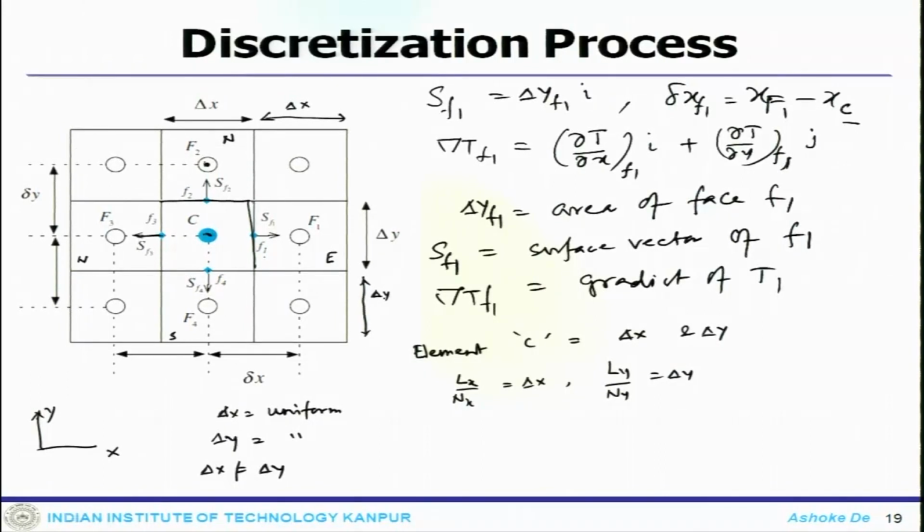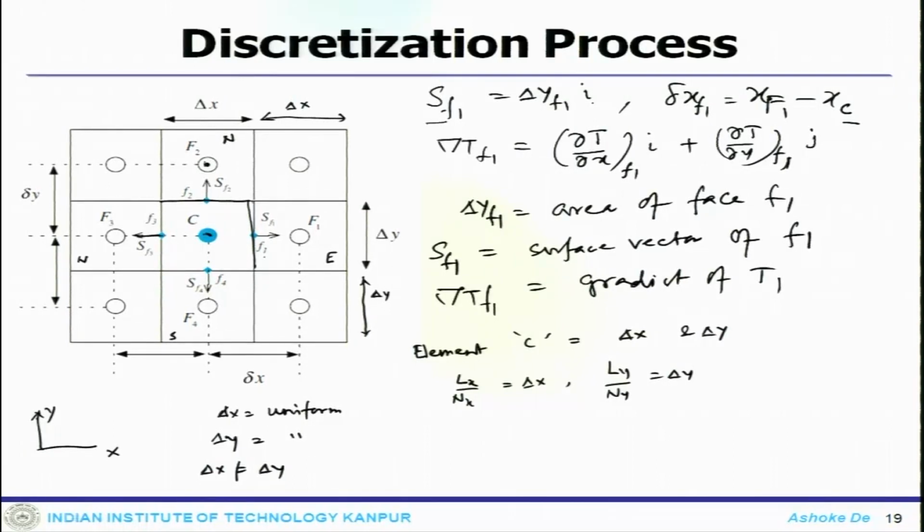So what does that do? The distance between two cell centers is also delta y, the distance between two cells in the downward direction is also delta y. So if I write the surface vector Sf1, this is pointed towards the positive direction of x. That is why this is delta yf1 into i. It gives you the direction.